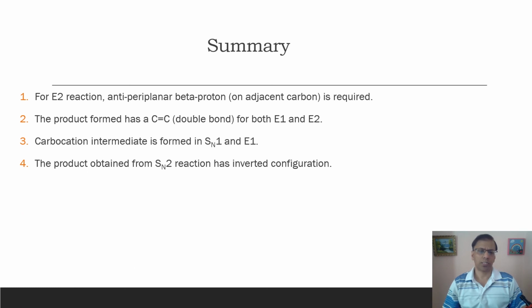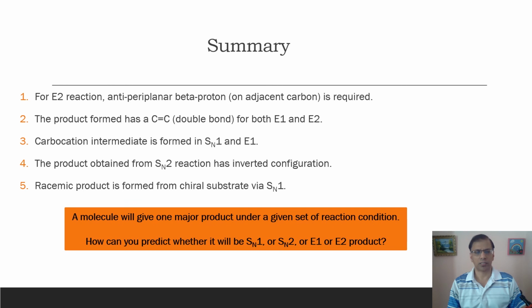The product obtained from an SN2 reaction has inverted configuration if the starting material is chiral. A racemic product is formed from chiral substrates via an SN1 because the intermediate is the carbocation, which is planar, and the nucleophile can attack from the front or the back side, giving a racemic product.